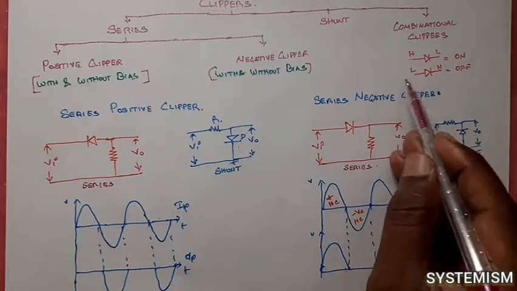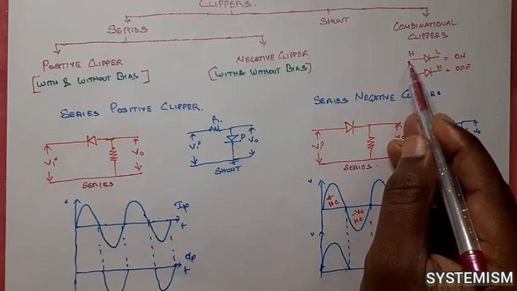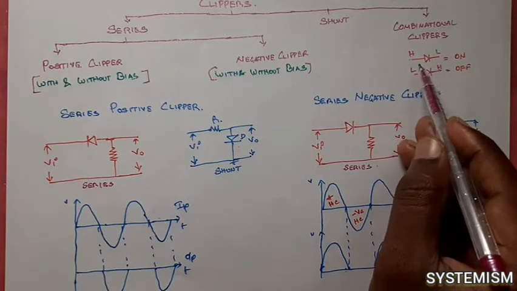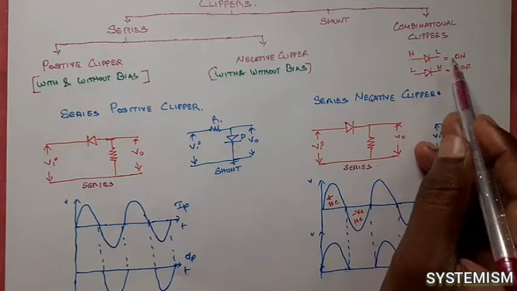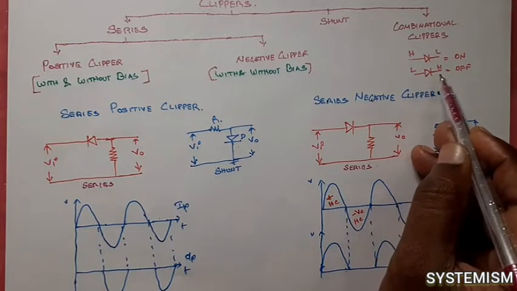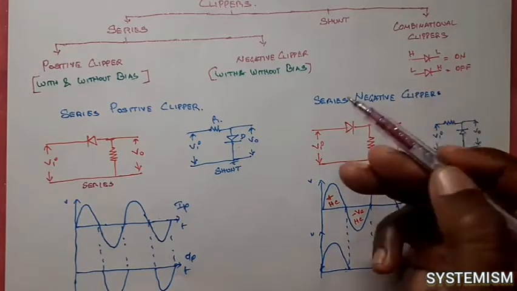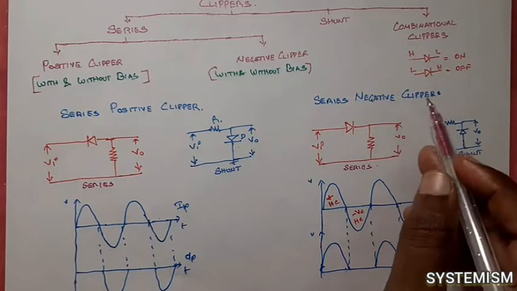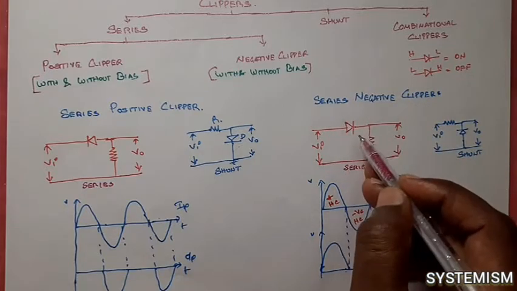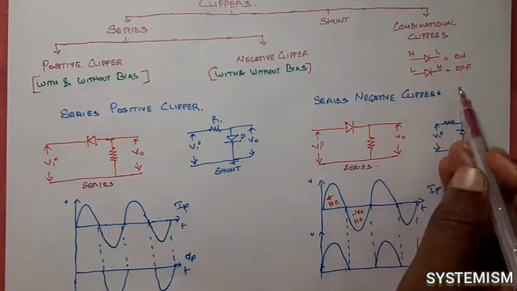In a diode, if you have a high voltage at this place and low voltage at this place, then the diode will be in on condition. If it is the opposite way, low voltage here and high voltage here, then it is off condition. With this concept you can explain many operations of this diode. So this is the main concept to understand the whole clipper circuits.